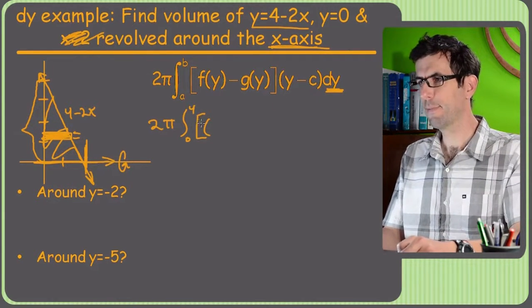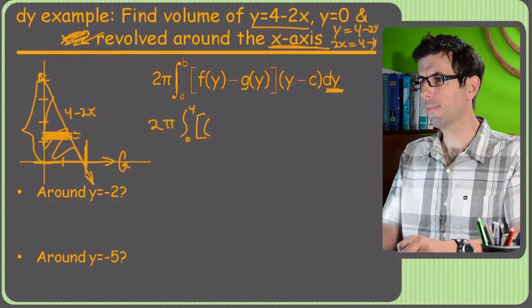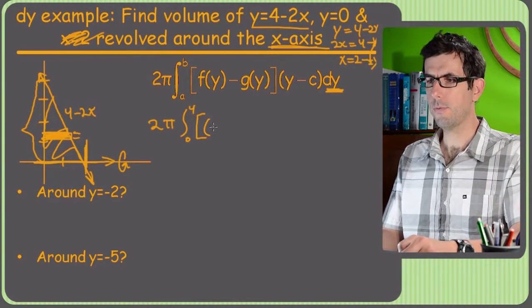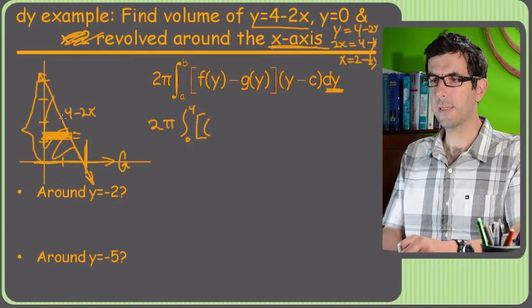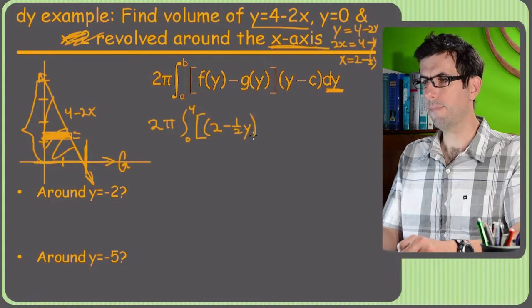Y equals 4 minus 2x. So 2x equals 4 minus y, and therefore x equals 2 minus 1/2 y. So this right-hand thing, which is f, is 2 minus 1/2 y.